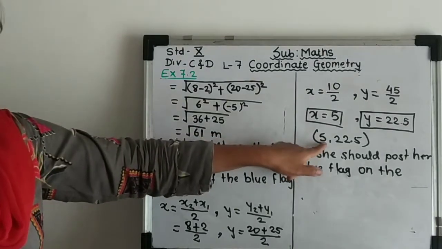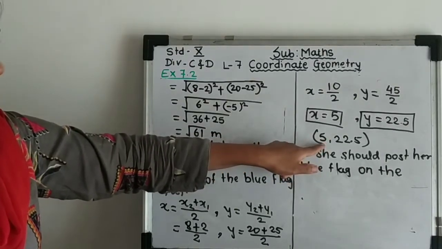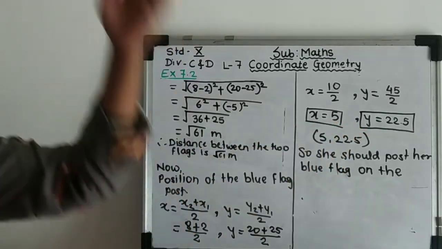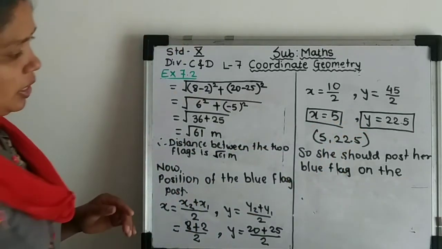Very first x axis, fifth line, right? And 22.5 kilometer from AB.